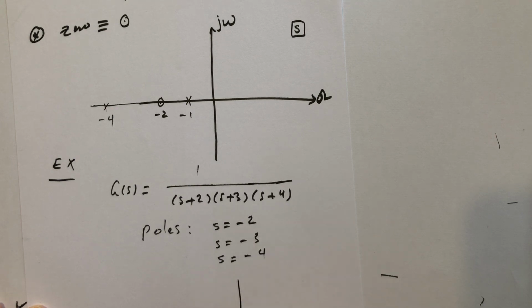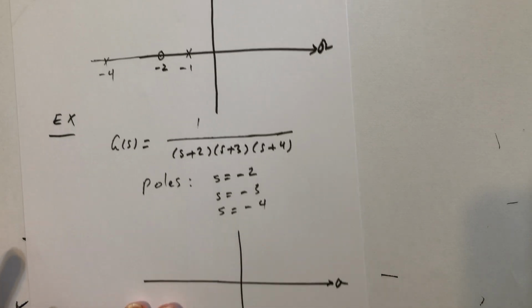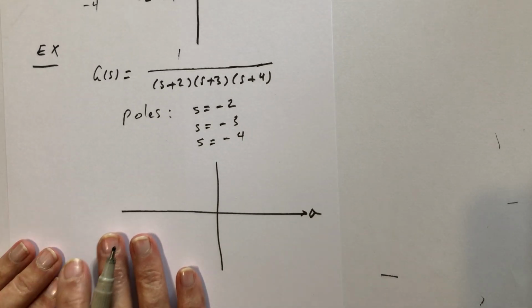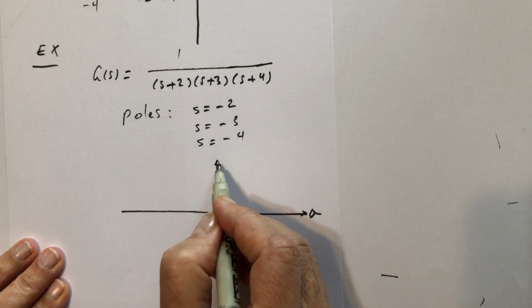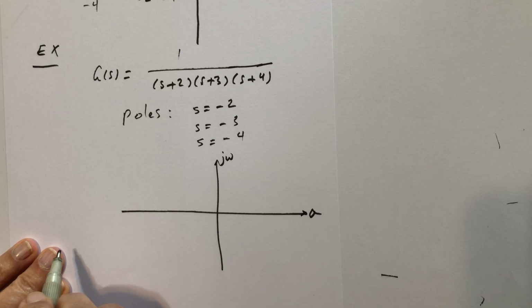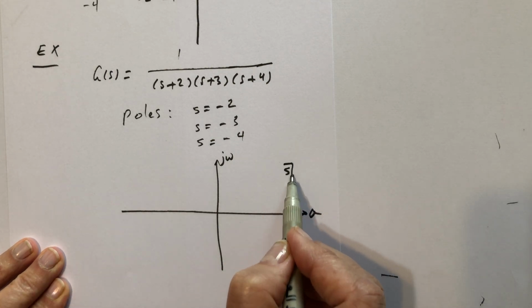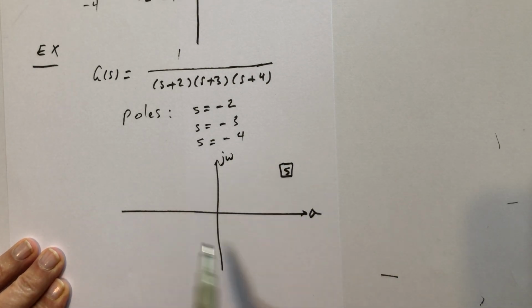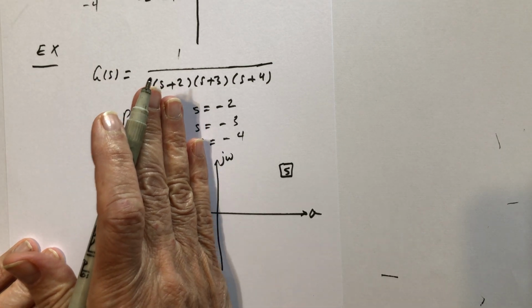On the S plane, this is sigma. Sorry, maybe it's this, I'm away from the camera. This is j omega, this is sigma. Of course, we'll learn later that this S plane has an imaginary axis, this one.